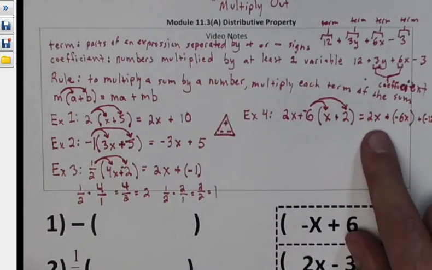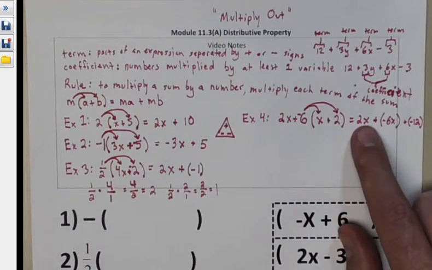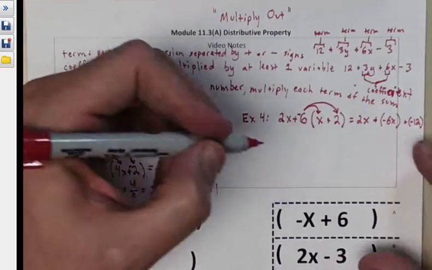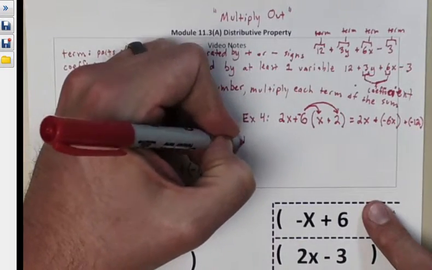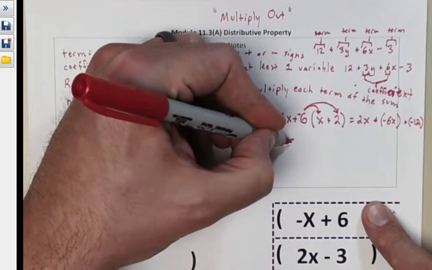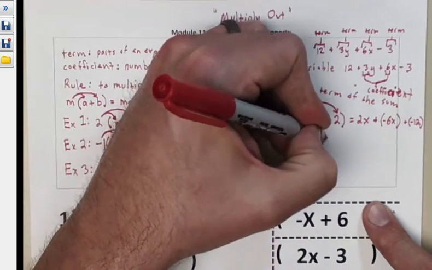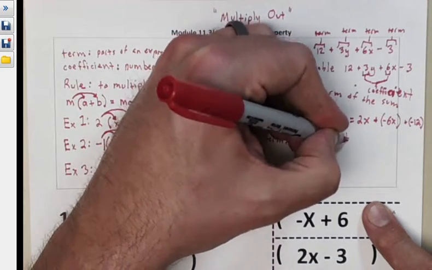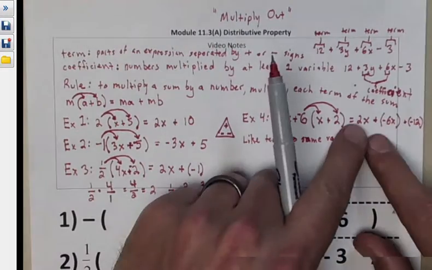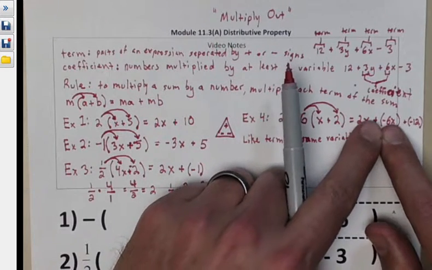Alright, now, in this situation, we've got like terms, meaning when you hear the word like terms, that means same variables. So in this case, I have an x and an x, so I can actually add those coefficients together. So 2 plus negative 6.